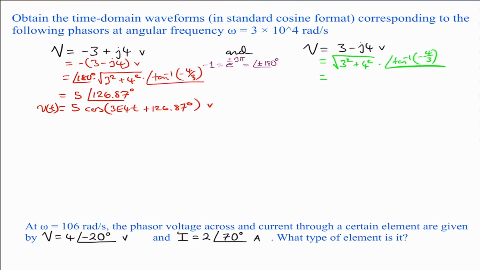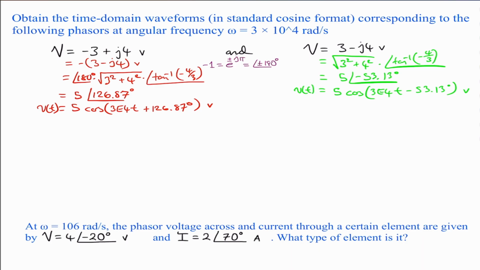Basically, we end up with 5 and an angle of negative 53.13 degrees, and that is equal to 5 cosine(3e to the 4 times t minus 53.13 degrees), and that's in volts, v of t, in the time domain.